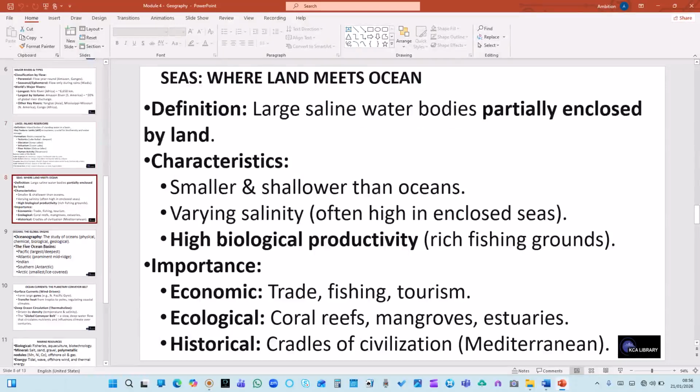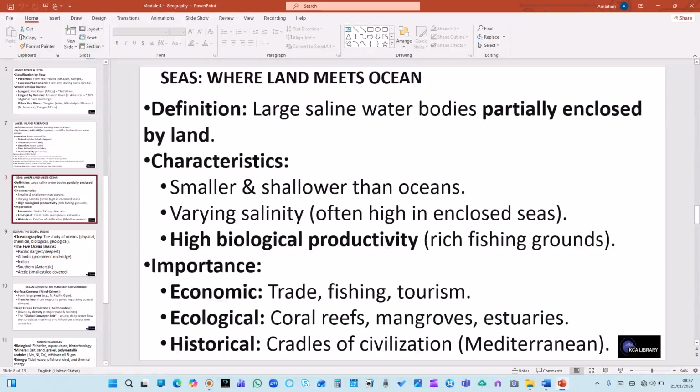Now let us look at the sea, another form of water body, where land meets ocean. By definition, a sea is a large saline water body partially enclosed by land. The characteristics of the sea include that seas are smaller and shallower than oceans. So a sea is a smaller portion of the ocean.